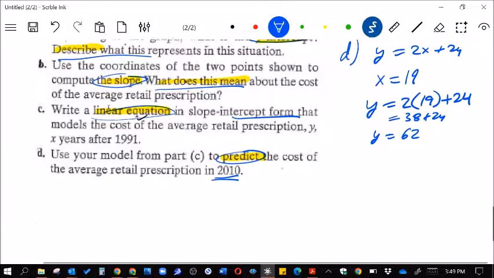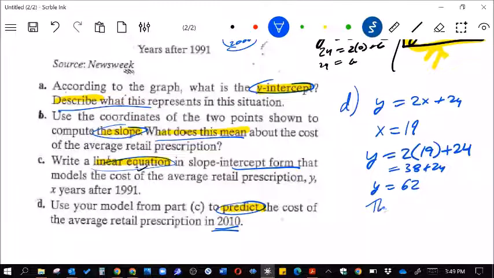What that means is that the average cost will be $62 in 2010.